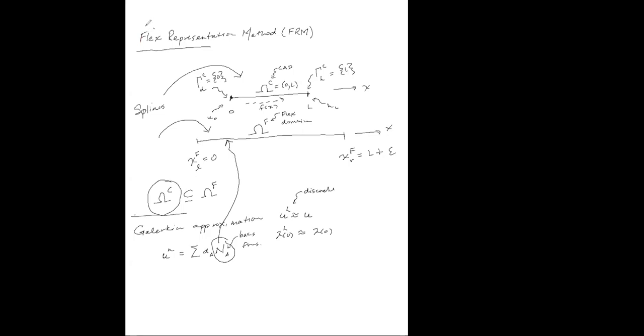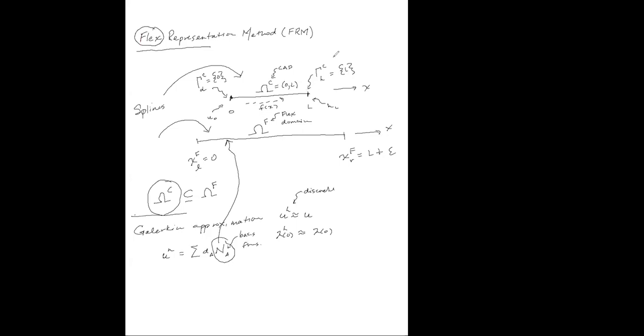And that's where the term flex comes from. It's a more flexible way to discretize with splines. Okay, so let me draw a picture now so that you can just at least pictorially see how this is done.